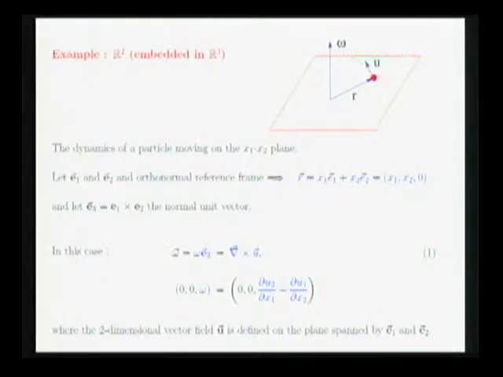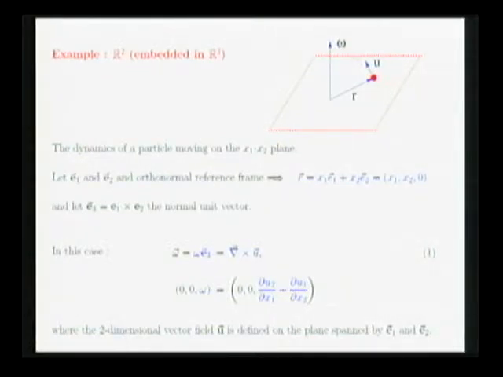Now, in 2D, if we see 2D as embedded in R^3, we can set at each point a set of coordinates where e1, e2 are tangent to the plane, and e3 is the perpendicular direction.